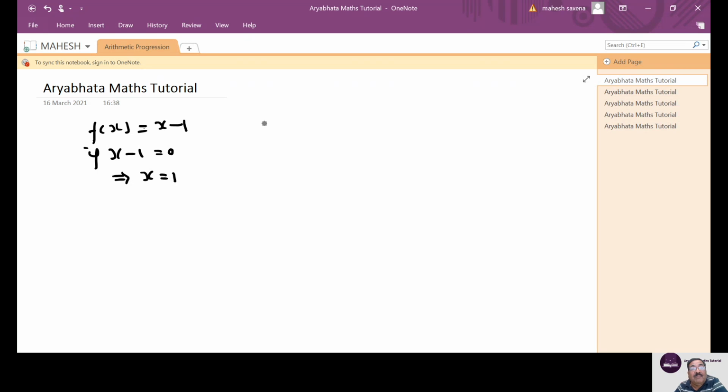Now we draw a number line and take this point at x equal to 1. Now draw a diagram like this, and from the right hand side mark plus, minus. At this point f(x) will be 0.